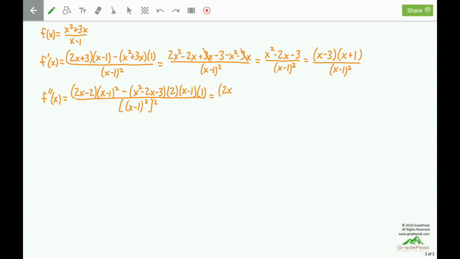In the numerator, we'll leave the first term alone. For the second term, we can multiply all of the constants. Everything's multiplied, and the order can be rearranged. We have a negative implied 1 times a 2 times a 1. Negative 1 times 2 is negative 2 times 1 will still be a negative 2.